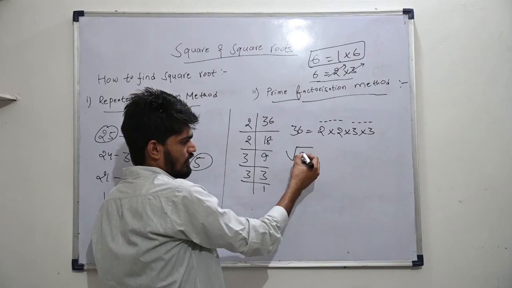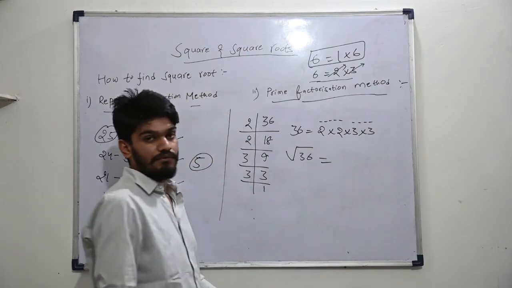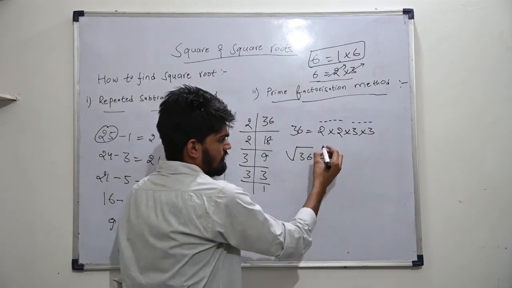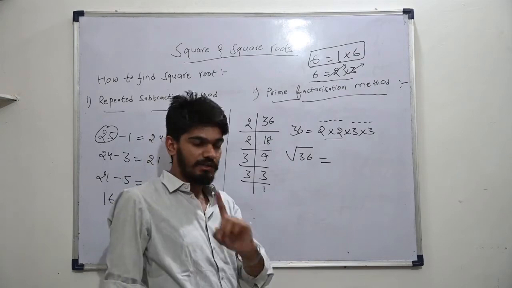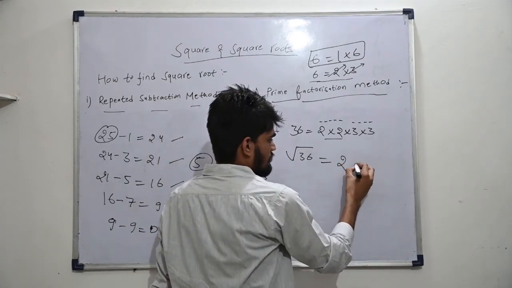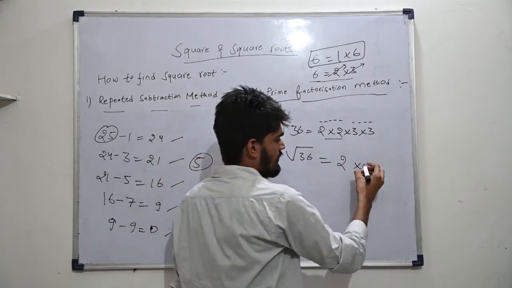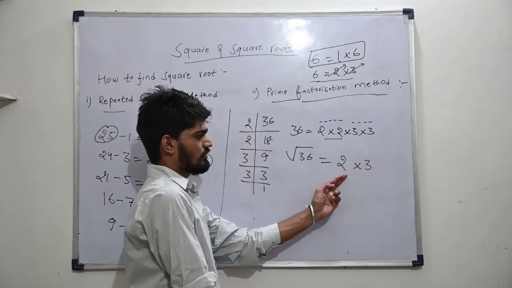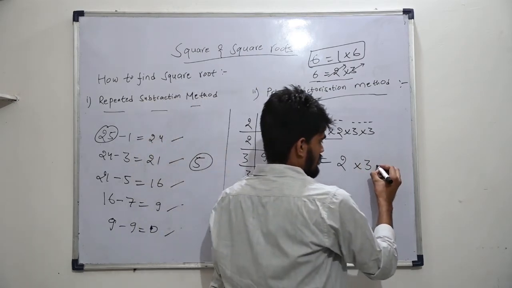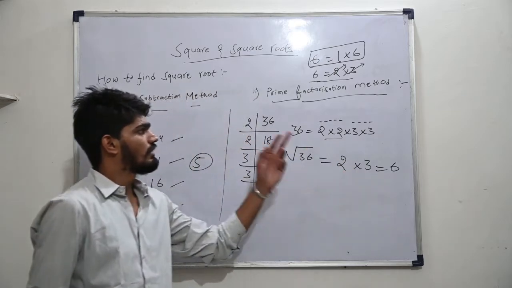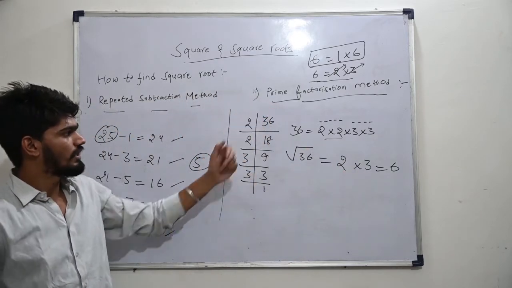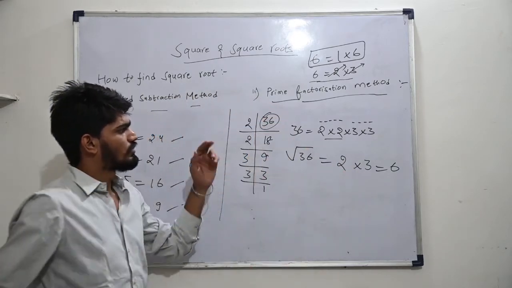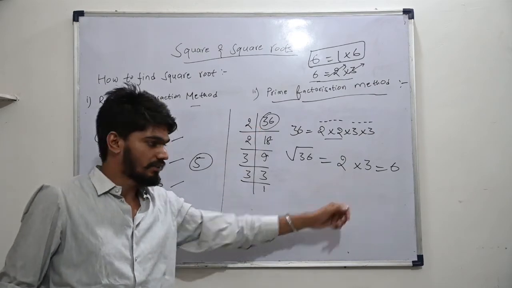So if I want to find the square root of this, what do I have to do? From this pair, I have to take only one factor, and from this pair as well, I have to pick one more factor. This multiplication gives me the square root of the given number 36. So the square root of 36 is 6.